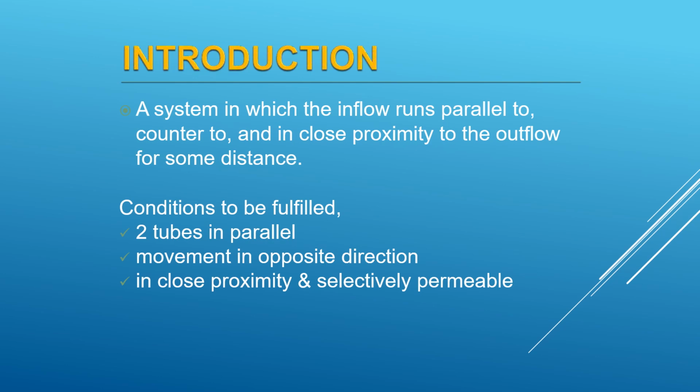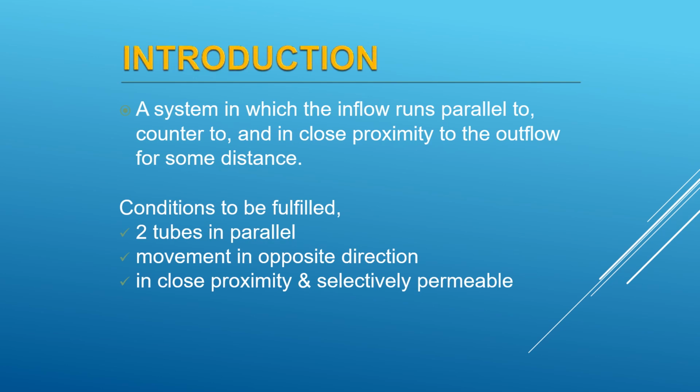So the same liquid is flowing in the inward side and the outward side. These two tubes are placed parallel to and counter to and in close proximity. So these three words you should remember.